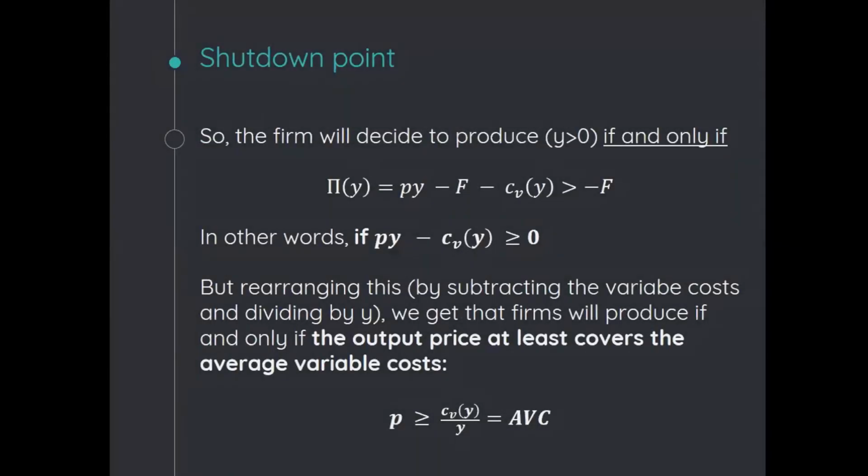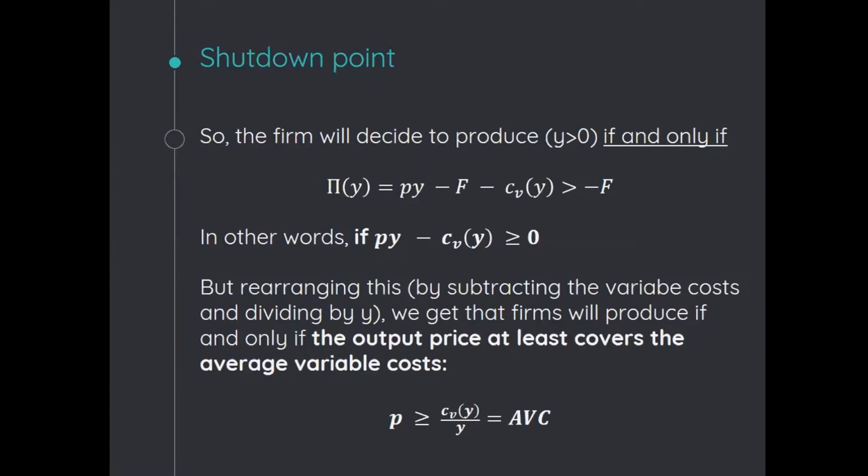So what happens here is this: you will decide to produce if and only if the number you get from producing and having some revenues, PY, and then subtracting the fixed cost and the variable cost, is bigger than just absorbing the fixed cost.